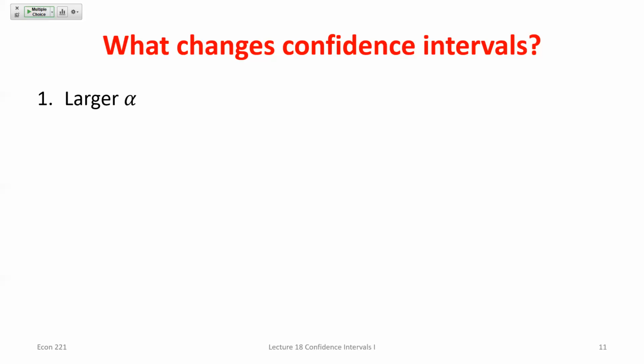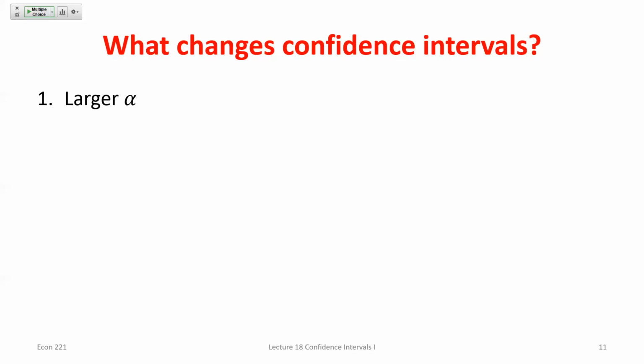So instead of 0.025 in each tail, there would be alpha divided by 2, so 0.1 over 2. There would actually be 0.05 in each tail, which would correspond to a z value that's a little bit smaller.